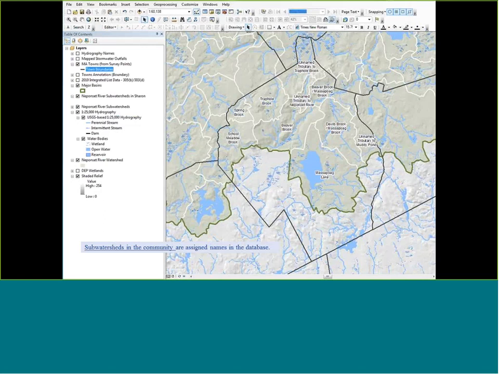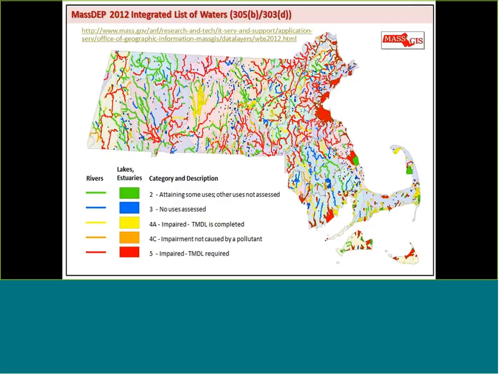So if you have two or more subwatersheds that have the same primary water feature, an additional identifier is added to that name that reflects the next most prominent water feature. For example, Pequot Brook is used in two subwatershed names. One is named Pequot Brook Subwatershed, and the other is named Pequot Brook Beaver Meadow Brook Subwatershed, reflecting the next largest water feature.